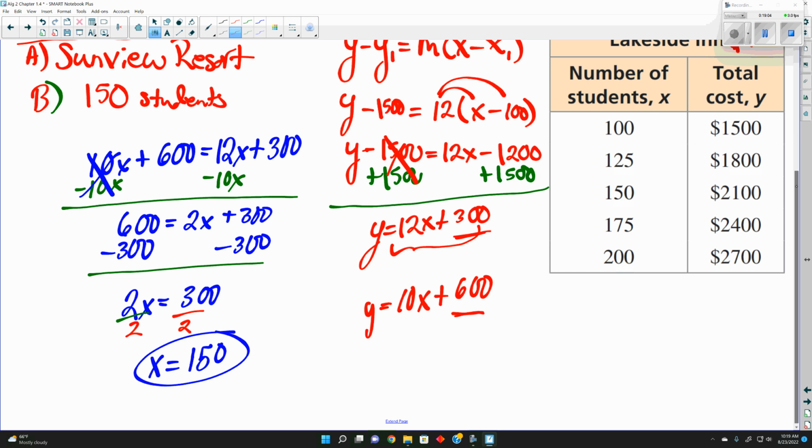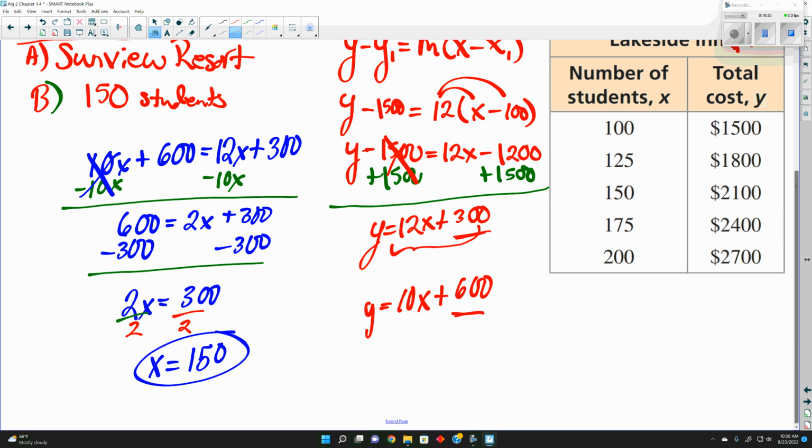So if we have less than 150 students, we don't want the resort, we want Lakeside Inn because they're cheaper. Because they have a cheaper starting cost. But once we hit 150 students, they are the exact same. After we get past 150 students, Lakeside Inn's more expensive than the other one.